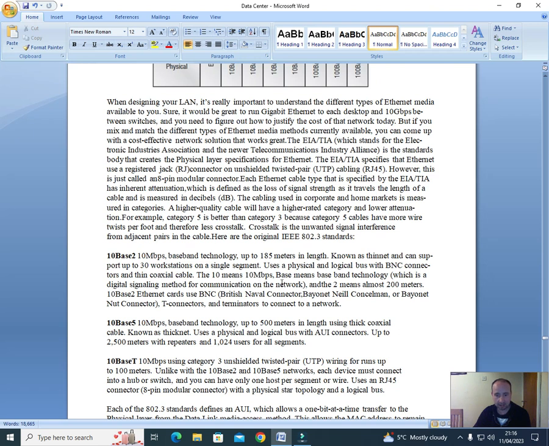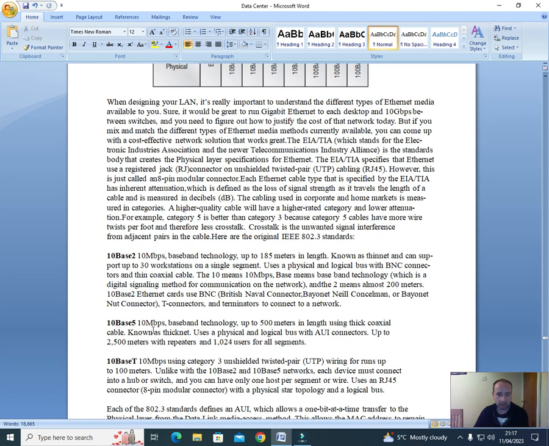The 10 means 10 Mbps, base means baseband technology, which is a digital signaling method for communication on the network, and the 2 means almost 200 meters. 10Base2 Ethernet cards use BNC (British Naval Connector, Bayonet Neill-Concelman, or Bayonet Nut Connector), T connectors and terminators to connect to a network.